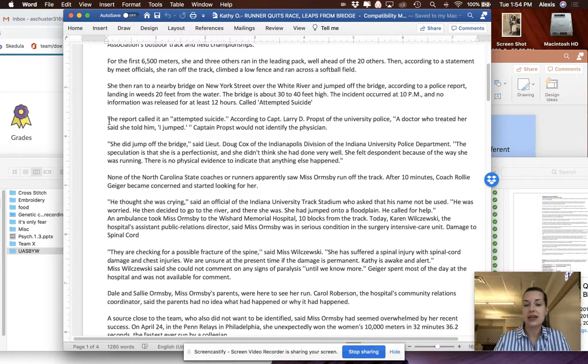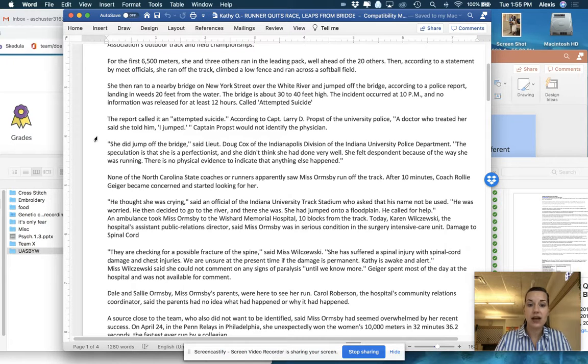Captain Probst would not identify the physician. "She did jump off the bridge," said Lieutenant Doug Cox of the Indianapolis Division of the Indiana University Police Department. The speculation is that she's a perfectionist and she didn't think she had done very well. She felt despondent because of the way she was running. There was no physical evidence to indicate that anything else happened.